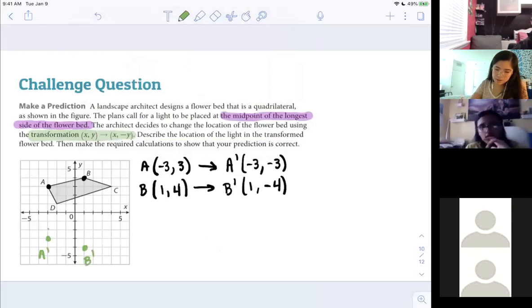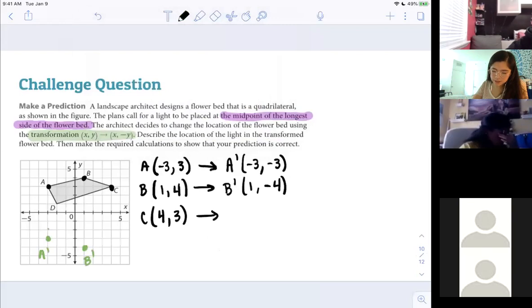Then let's do C. Okay. Same thing with C. It started out at (4, 3).